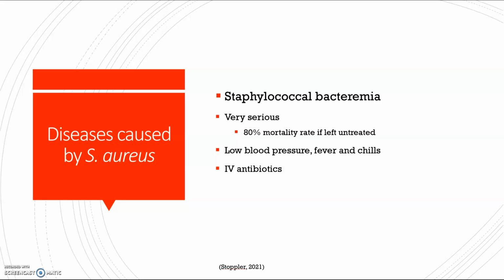There's also staphylococcal bacteremia, and this is very serious. There's an 80% mortality rate if it's left untreated. This is where the infection has gotten into your blood and caused an infection in the blood. And symptoms of this are low blood pressure, fever, and chills. And you need to be sure to get treatment as quick as possible. And this treatment is usually IV antibiotics.